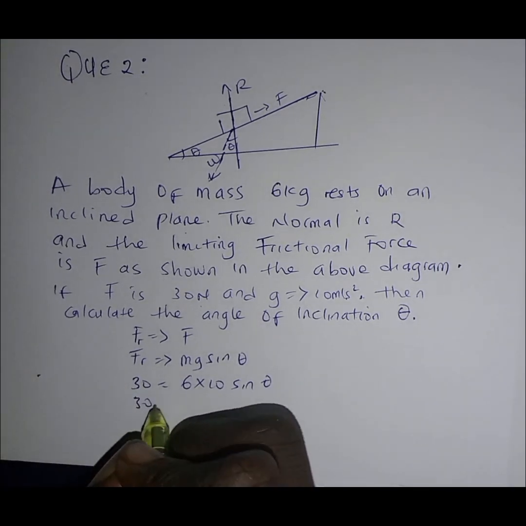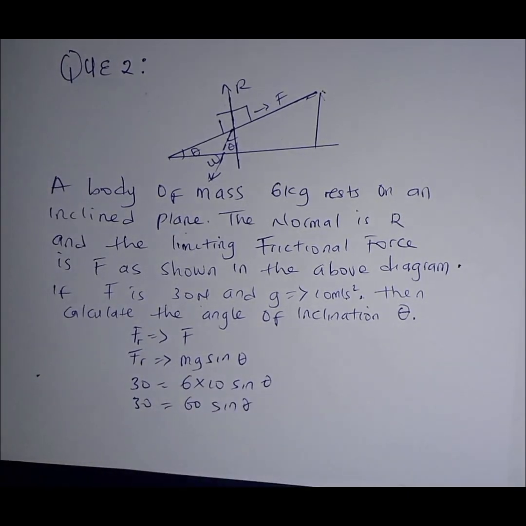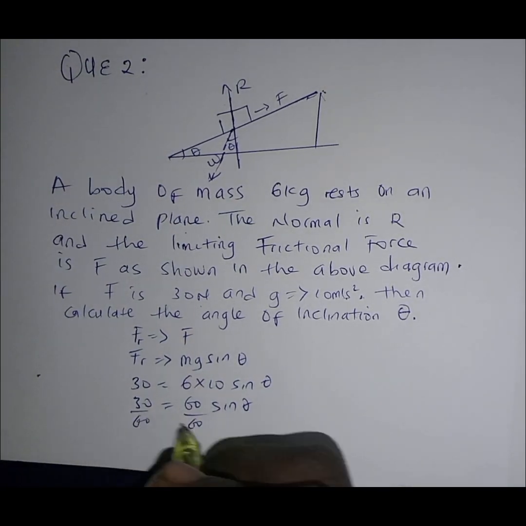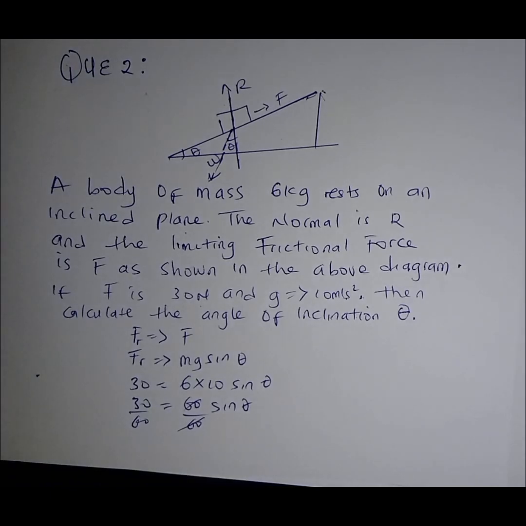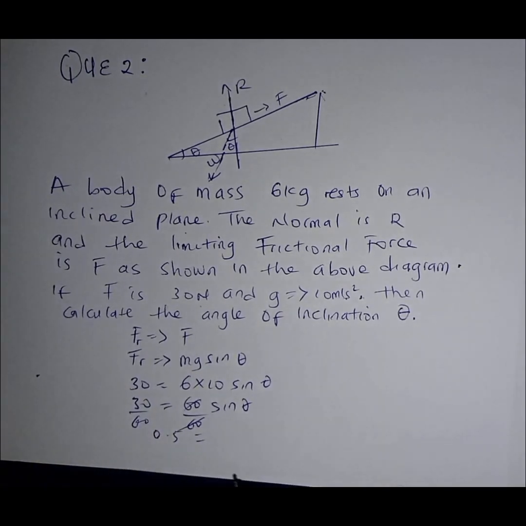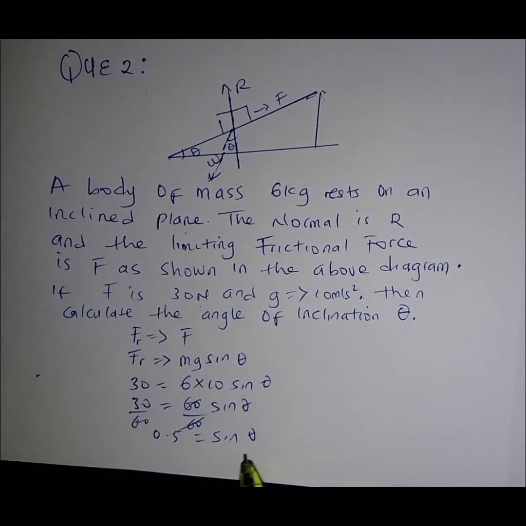So 30 equals 6 times 10, which is 60 sine theta. Now dividing both sides by 60, we have 30 divided by 60, which is 0.5, equals sine theta. Therefore, to get my theta, I have to take the sine inverse of 0.5.